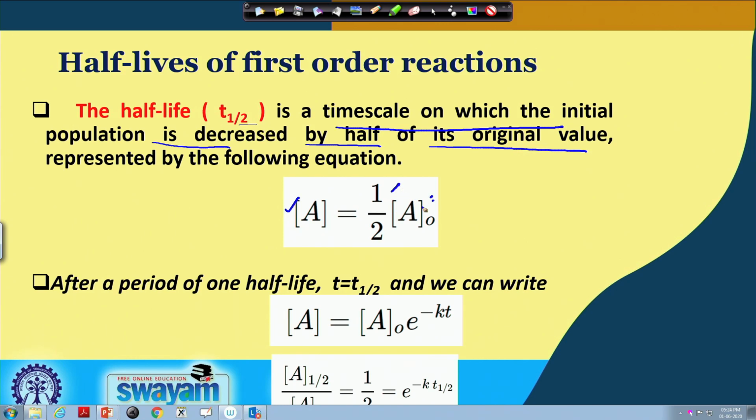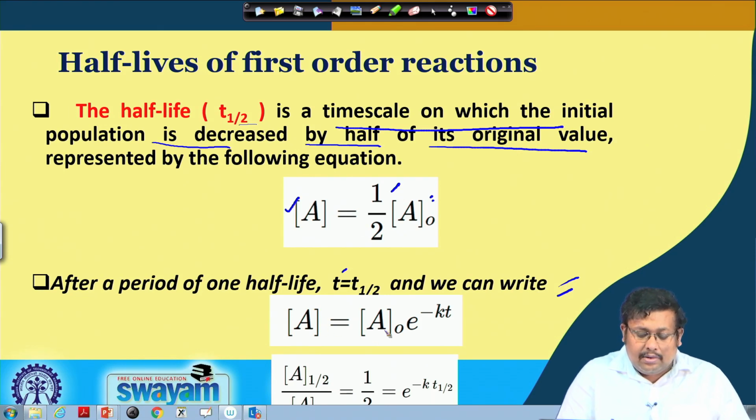After a period of one half life, that is t equal to 1 T half, we can write A equal to A 0 e to the power minus k t. It is another representation of the first order reaction, which we have already discussed. From there we can see A half by A 0, the concentration ratio, equal to 1 by 2, equal to e to the power minus k T half.